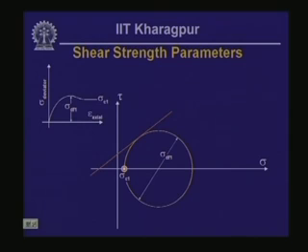Now at the end of the lesson I said that what we have to accomplish for obtaining the shear strength parameters is to plot the Mohr circles representing the state of stress at failure for each one of those tests. So that is what we do in this particular slide.